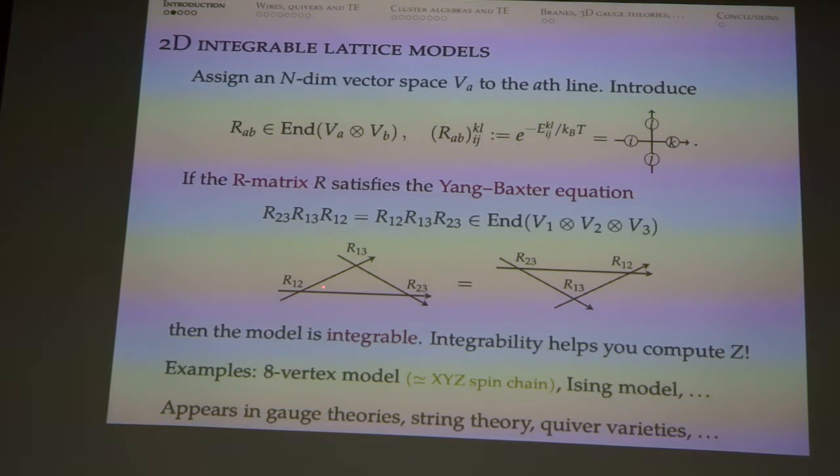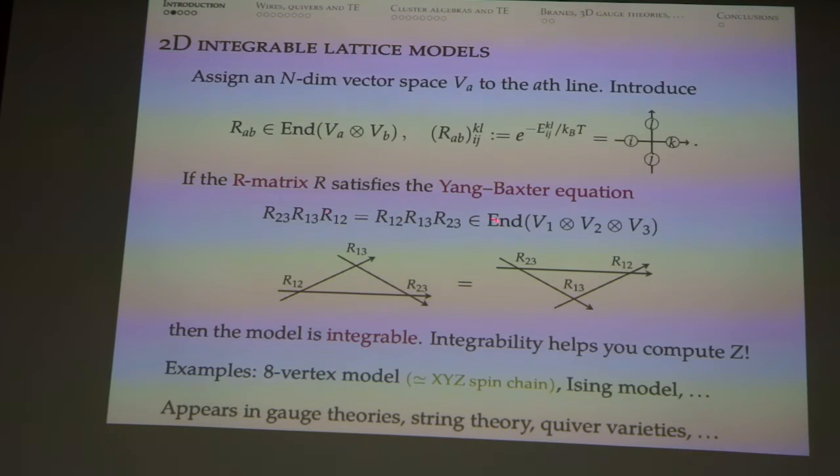Then you follow the direction of the line, and next line 1 and line 3 cross here. To this intersection of line 1 and line 3, I assign a factor R13. And finally line 2 and line 3 cross, and I have a factor R23, that's this factor. So this picture represents the left-hand side of the Yang-Baxter equation.